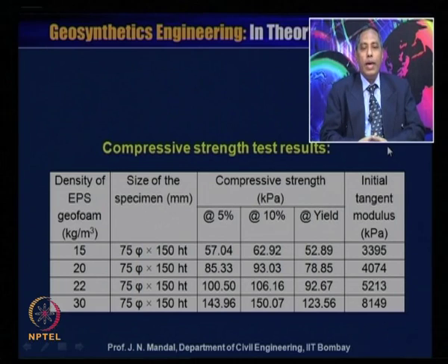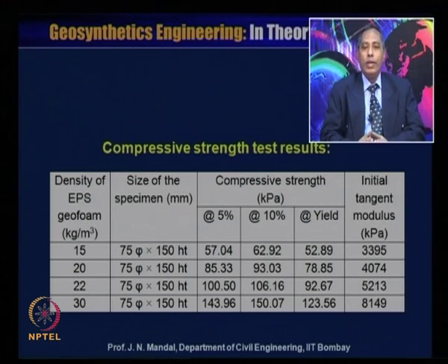So, here we have performed tests on 4 different densities of the sample. The density of EPS geofoam is 15 kg per meter cube, 20 kg per meter cube, 22 kg per meter cube and 30 kg per meter cube, and the size of the specimen is the same for all cases, that is 75 millimeter in diameter and 150 millimeter in height.